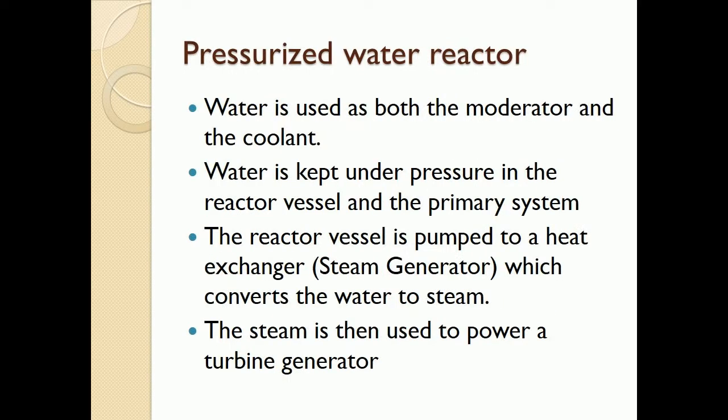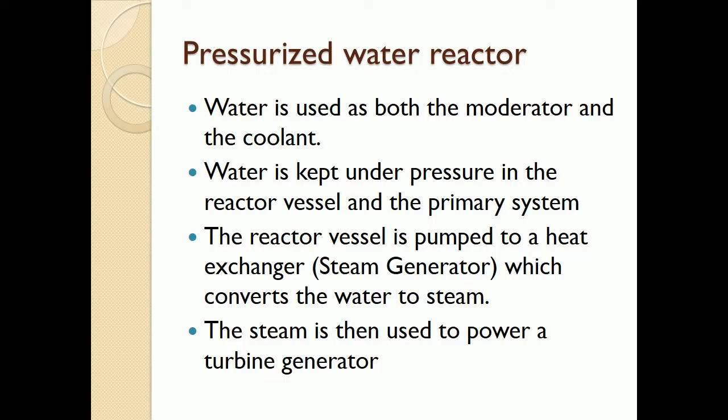In the pressurized water reactor, water is used as both the moderator and the coolant. The water is kept under pressure in the reactor vessel and the primary system. The water from the reactor vessel is pumped to a heat exchanger, the steam generator, which converts the water to steam.